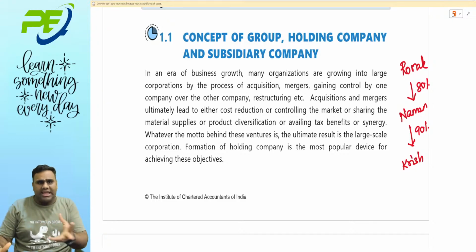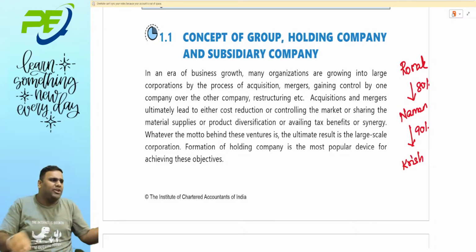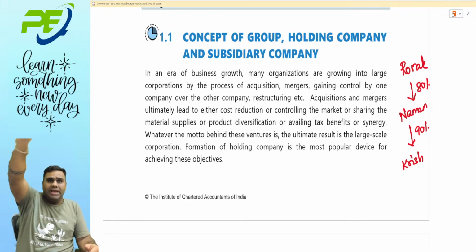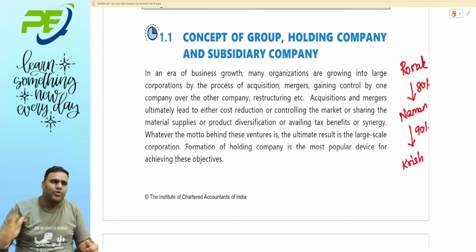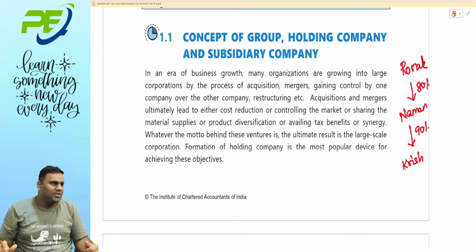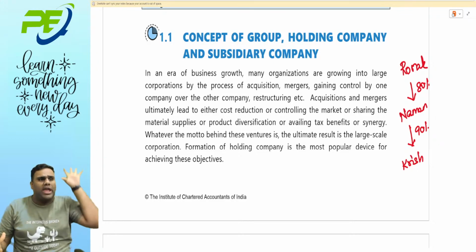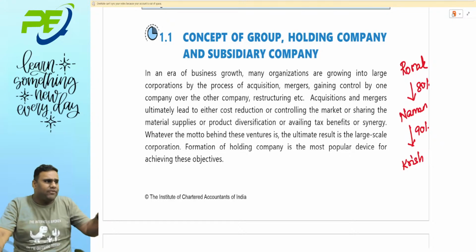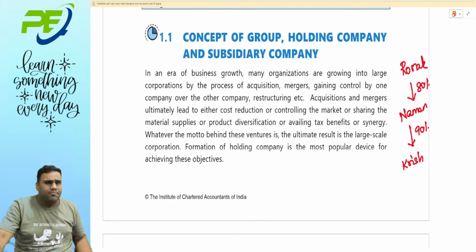Their balance sheet figures will be in crores. That is the volume of business they are doing. So when you want to exercise a specific control, it is better to incorporate different subsidiaries.